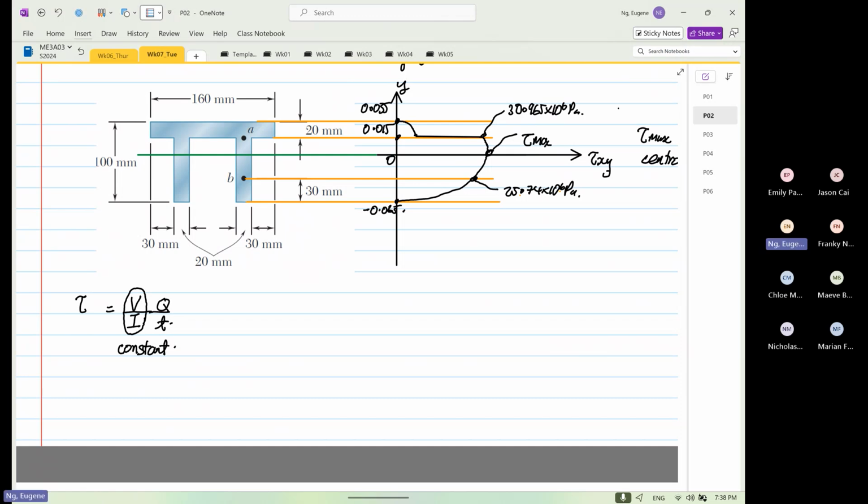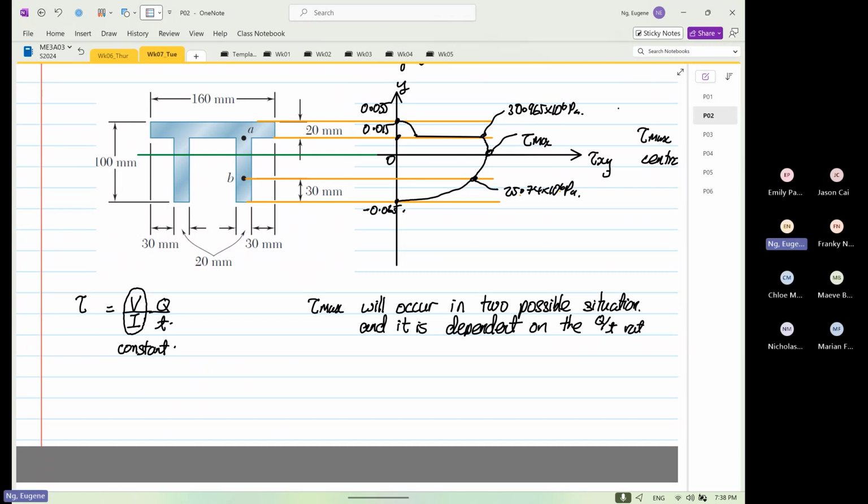And we know tau max will occur in two possible situations, and it is dependent on the Q over T ratio.